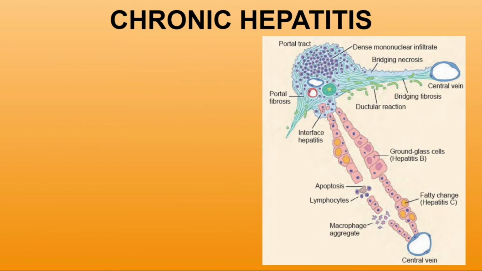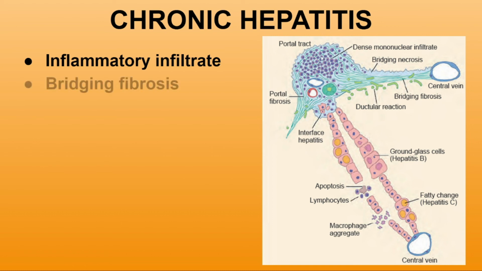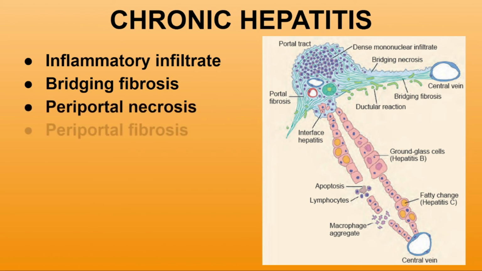Now let's recap in brief the pathological features of chronic hepatitis. First of all, we have the dense inflammatory infiltrate over here. Next, very important, is the bridging fibrosis, the vascular connection between the portal and the central vein, and this may be the reason for liver cirrhosis. Now the periportal necrosis and the periportal fibrosis around here.